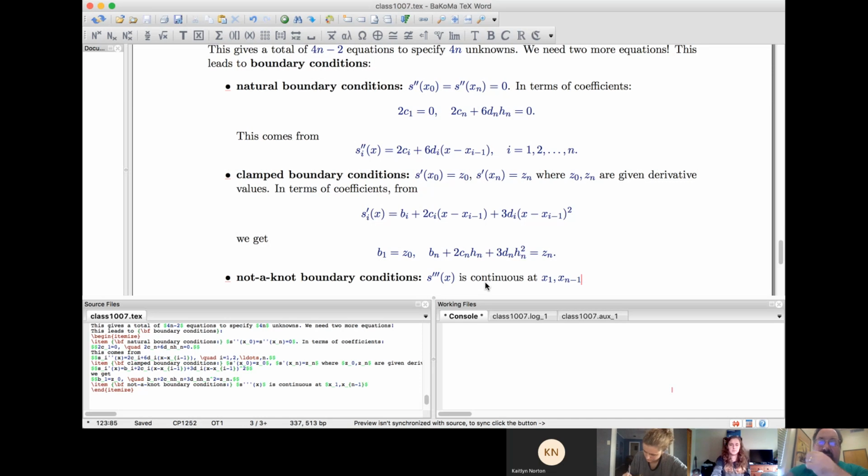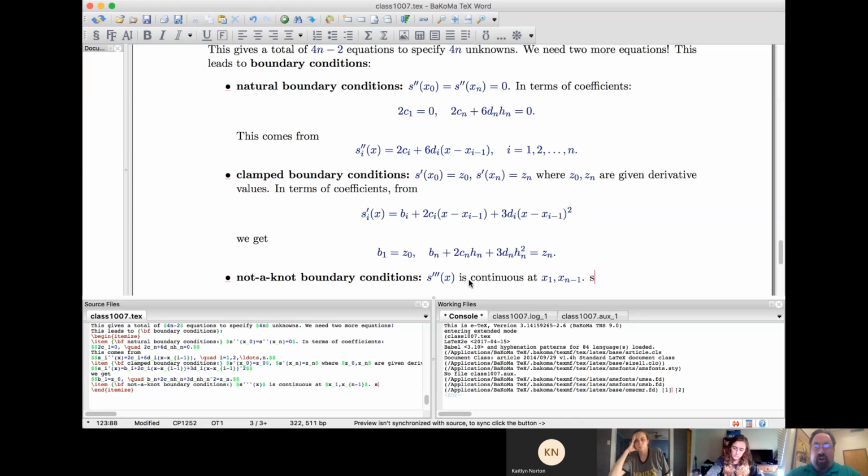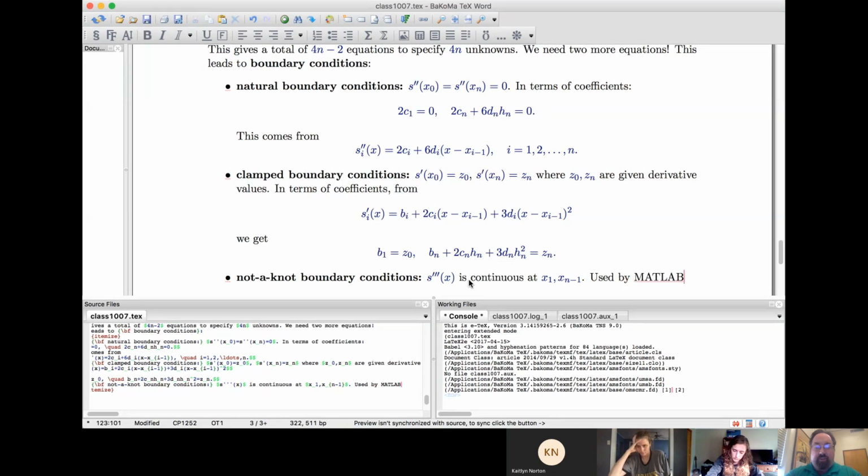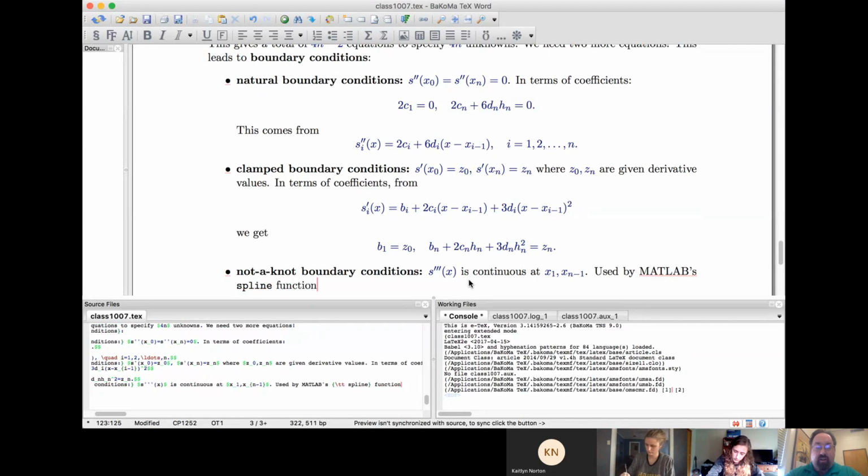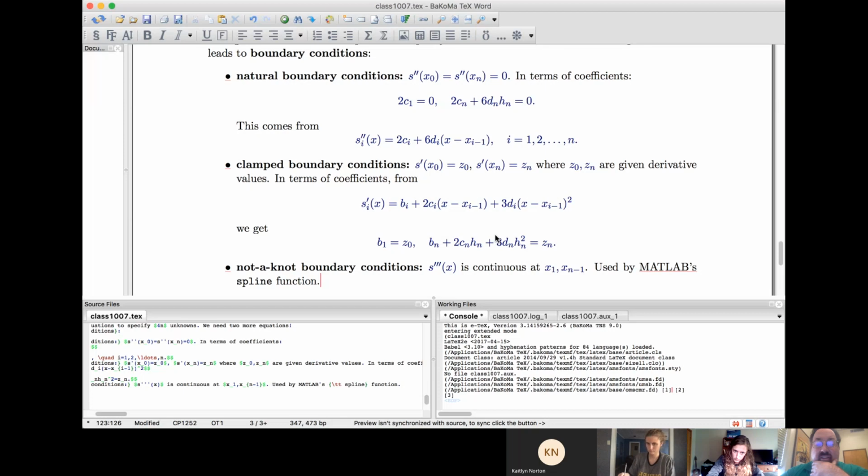And I should mention, these are the default conditions used by MATLAB's spline function. Because these are a good choice, just because clamped is only good if you have derivative information available, which you might not.